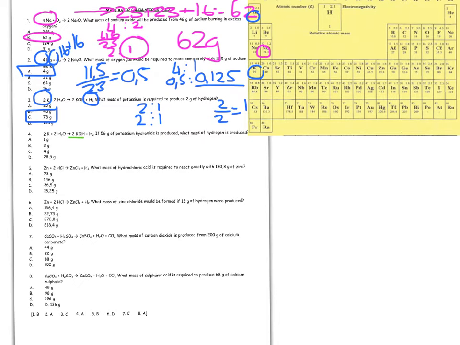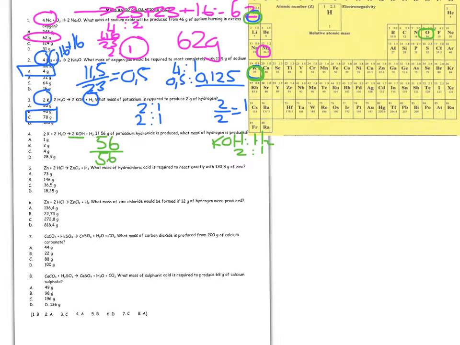Next one, I have got what mass of hydrogen is produced if I've got 56 grams of potassium hydroxide. So the KOH is to the hydrogen as 2:1. I've been told that I've got 56 grams of potassium hydroxide, so that's 56 divided by 39 plus 16 plus 1. So that's going to be 56.